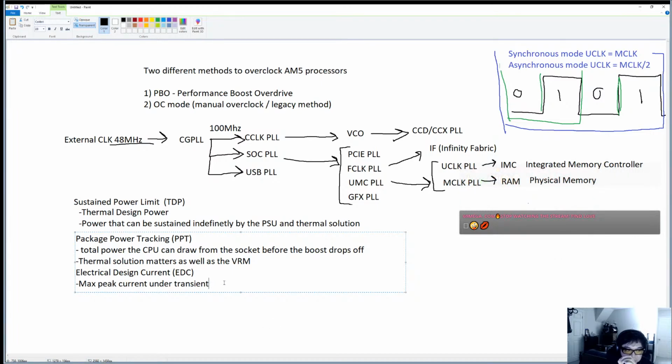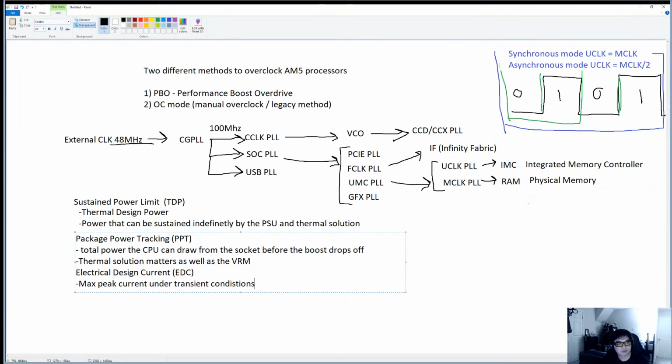But going back to the CPU side, transient conditions for a short, insignificant time. They use the word insignificant. So what they mean by this is it's a very, very short duration.